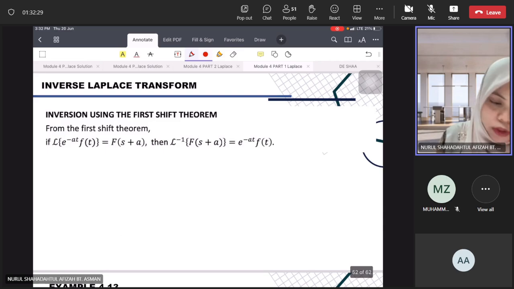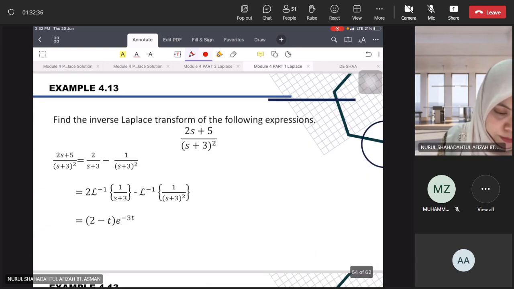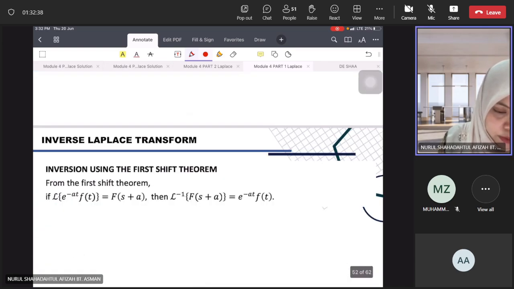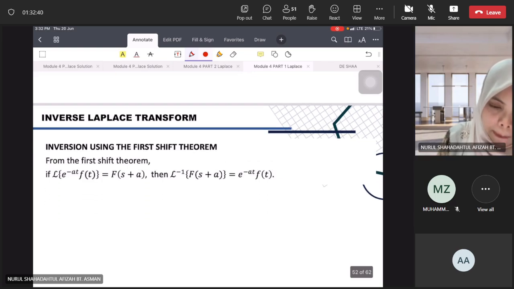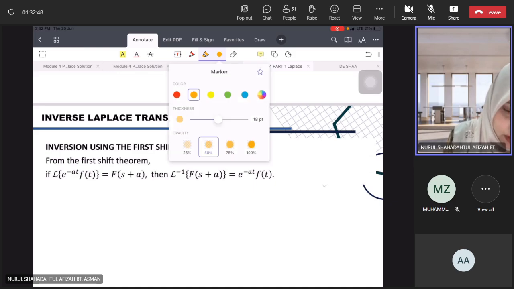So next, inversion using the first shift theorem. So this is the equation you can refer to.